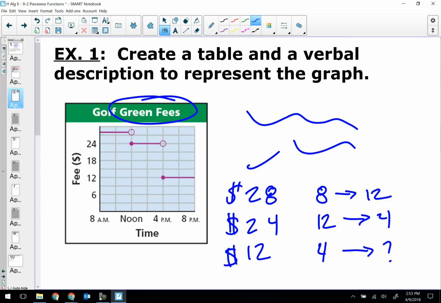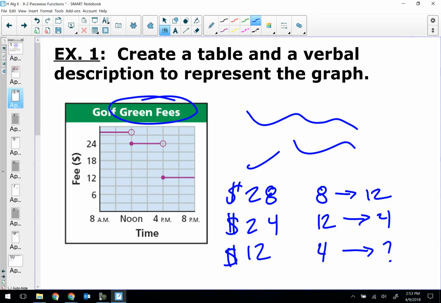Well, if you're golfing, everybody wants to go golfing in the morning, get going early, get stuff done later in the day. Then it knocks the price down a little bit at noon, when the course is not so busy. And then once it hits 4, it's going to get dark pretty soon. Nobody wants to go later in the day. You want to go home, go to dinner.